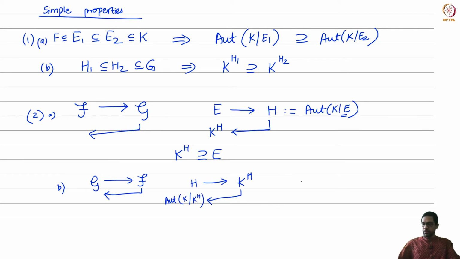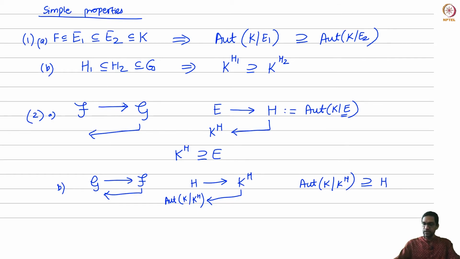What's the relationship between that and the original subgroup H? The left hand side here is all automorphisms of K which fix every element of K^H. Definitely every element of H fixes every element of K^H by definition. So again, trivially you have this inclusion.